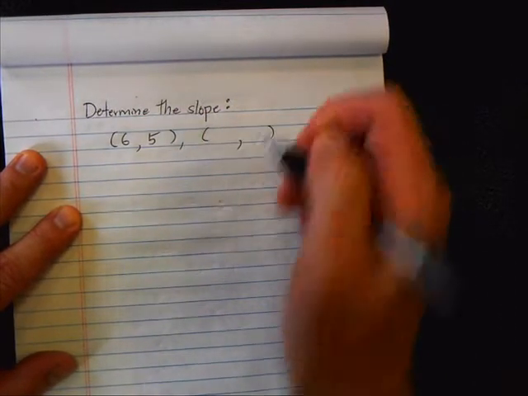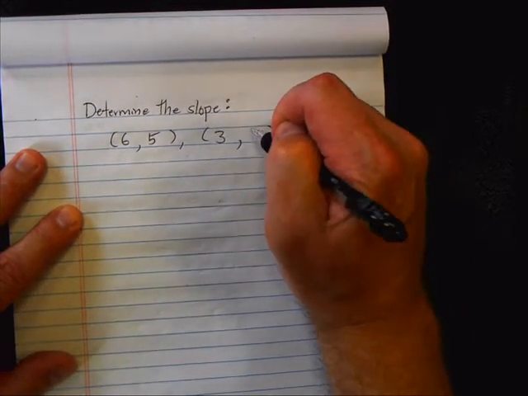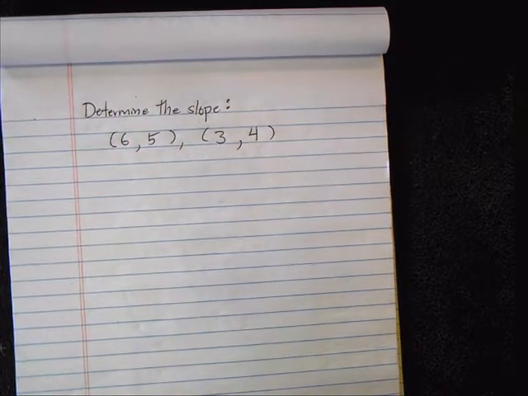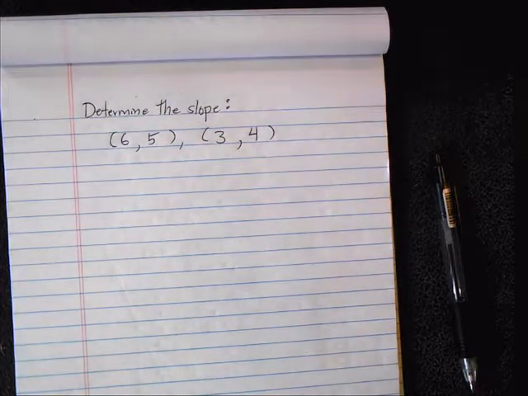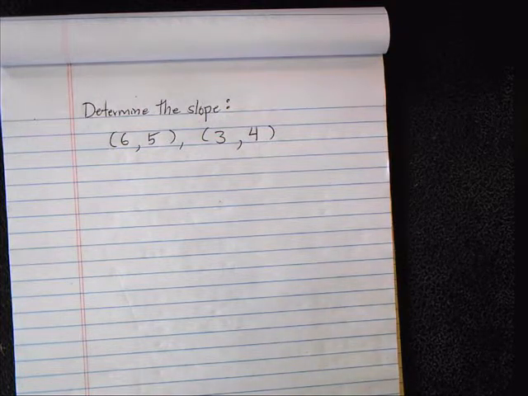And then somebody else give me a different point. 3 and 4. All right, I want you guys to find the slope. What was your answer? 1/3. Walking around, it seemed like almost everybody had 1/3.